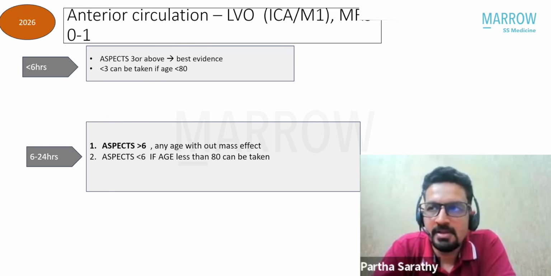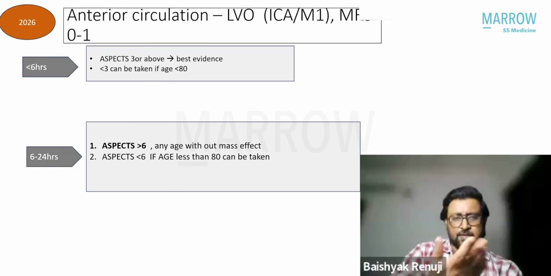So if you have an MRI diffusion-FLAIR mismatch, maybe you can go for a CT perfusion if you have the facility, or if you have MR perfusion like ASL, then I think it is better. So I also think the same.